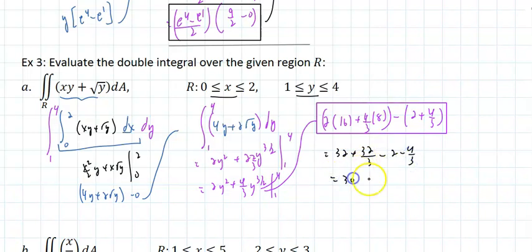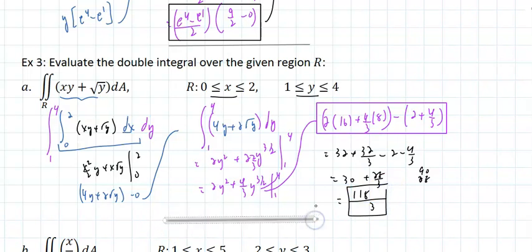So that is 30 plus 28 over 3, or simply over 3, 90 plus 28, that's 118, same thing, right? And that would be the answer in the back of the book. Now I'm going to stop this video here and pick up in the next video.